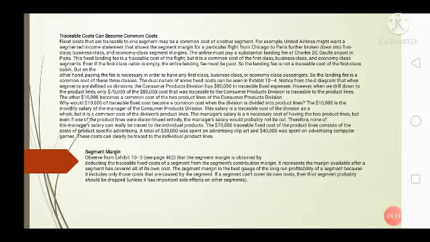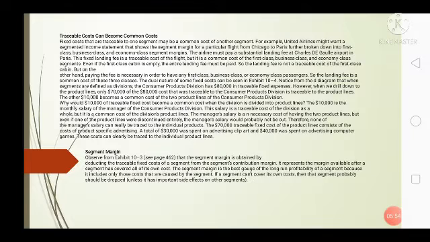The salary is a traceable cost of the division as a whole, but a common cost of the division's product lines. The manager's salary is a necessary cost of having the two product lines, but even if one of the product lines were discontinued entirely, the manager's salary would probably not be cut. Therefore, none of the manager's salary can be traced to the individual product lines.